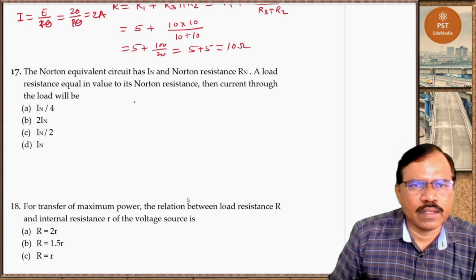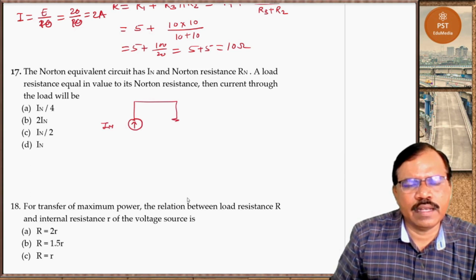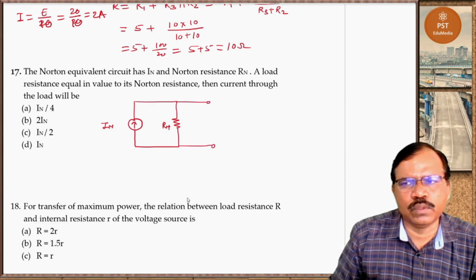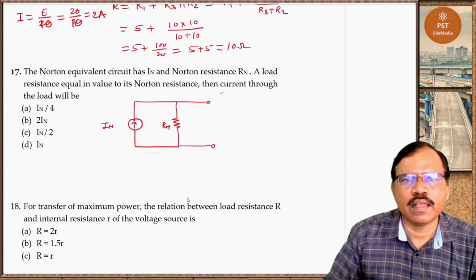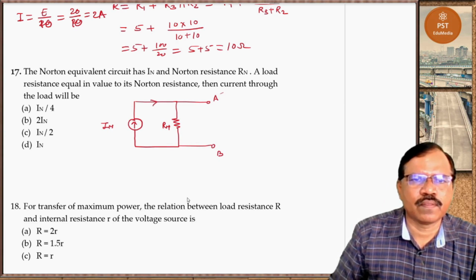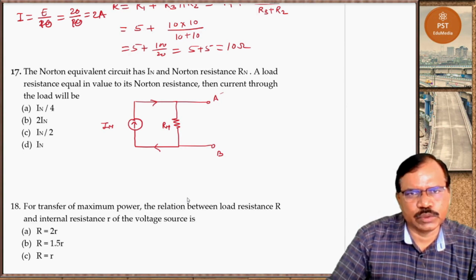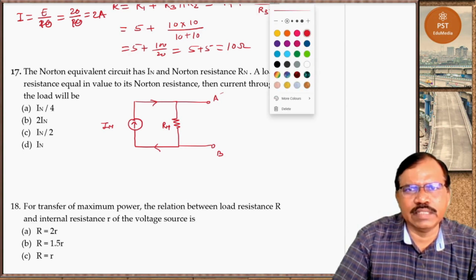Here, this is the current source IN and resistance RN. They are in parallel, and then we have two terminals AB. So what happens here? IN current flows through this. And now we connect the load resistance here.